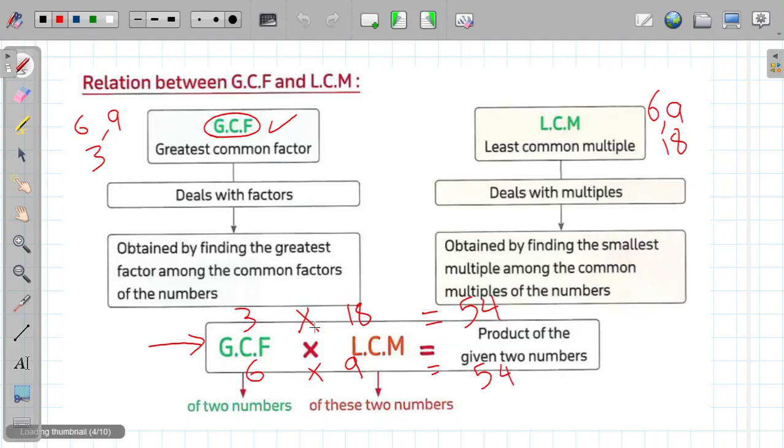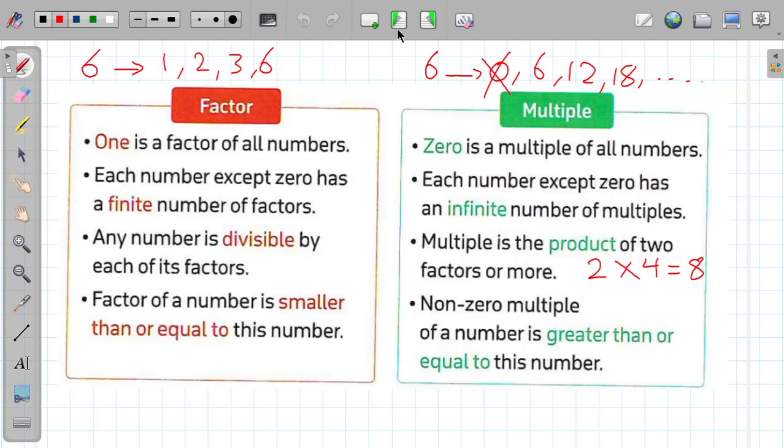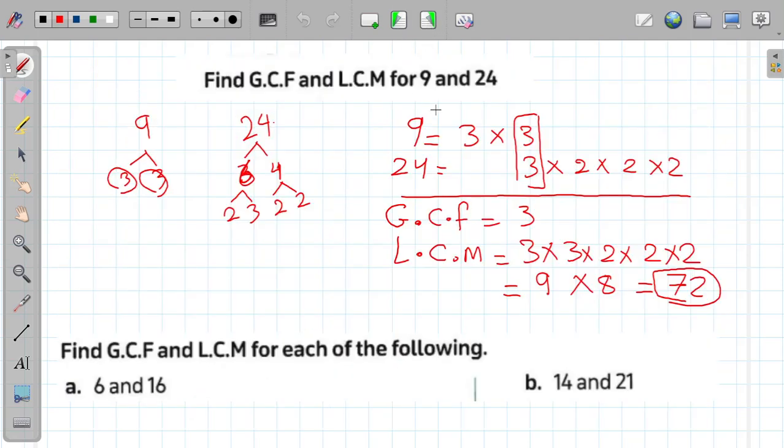If you return again, if I multiply the greatest common factor and the least common multiple between the two numbers, I will get the product of the given two numbers. So let's try this in this example.